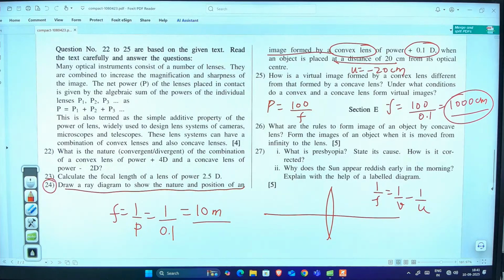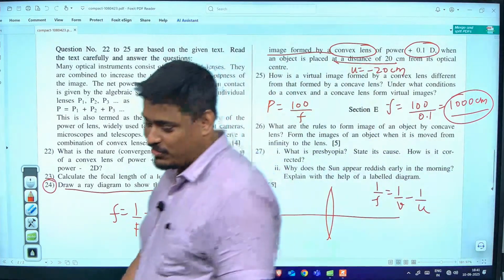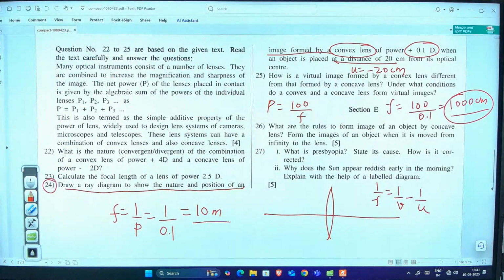Shall I proceed? You can solve and get the answer. The concept is clear to you? Is the concept clear to you?